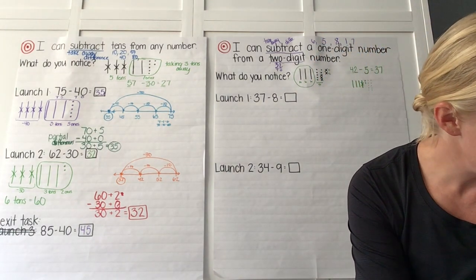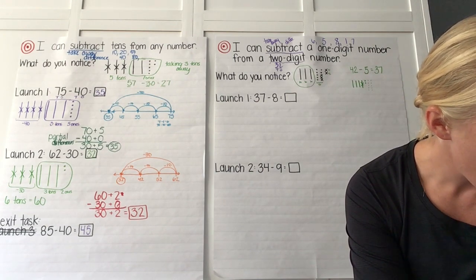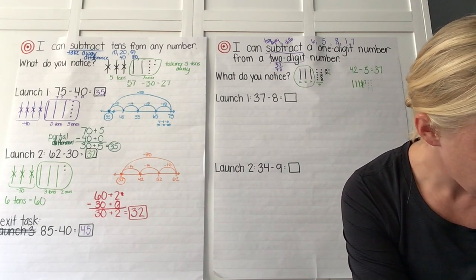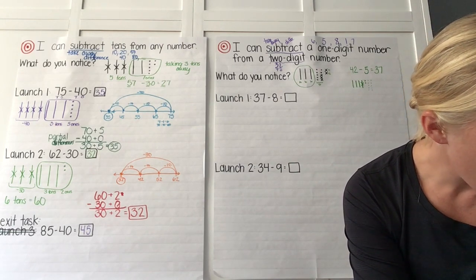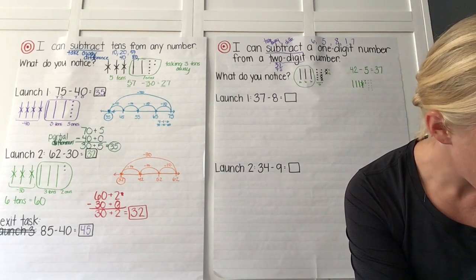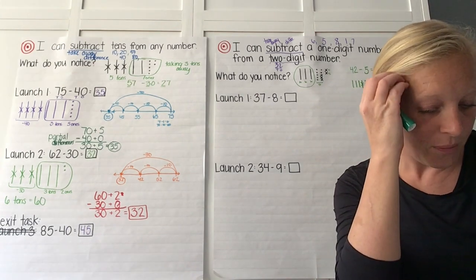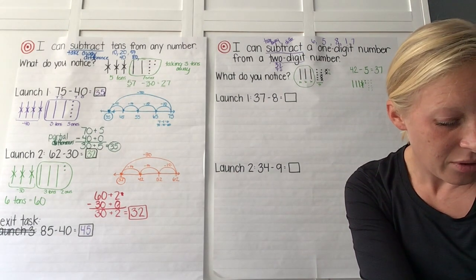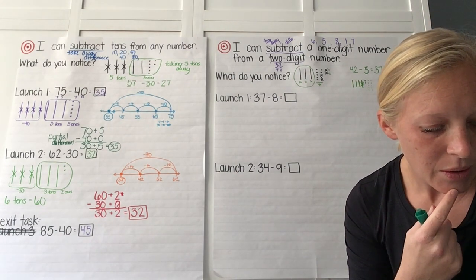Where is your 37 in your model? What did you have to do first? What are you taking away? How are you showing that in your model? Where are you starting on that number line? What did you take away first?